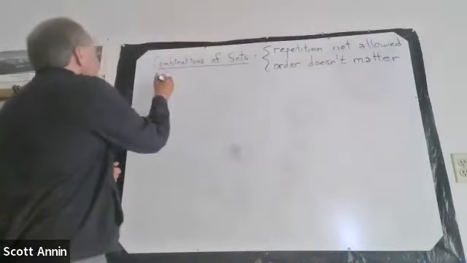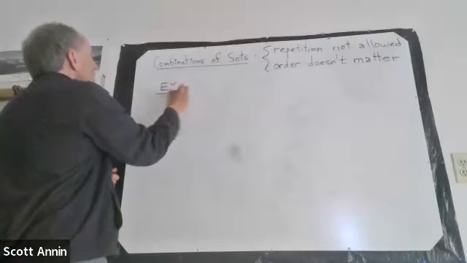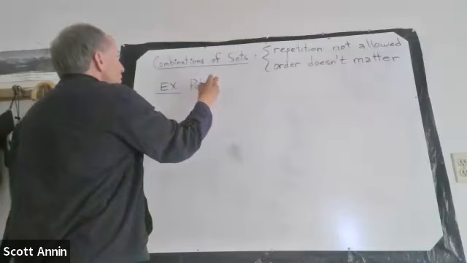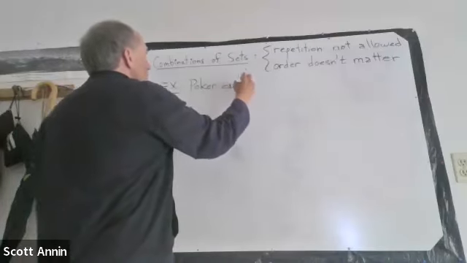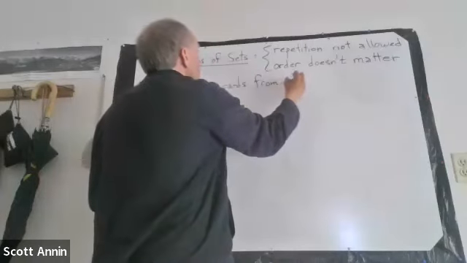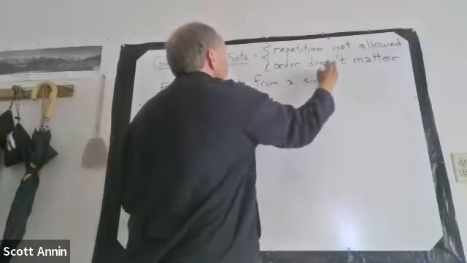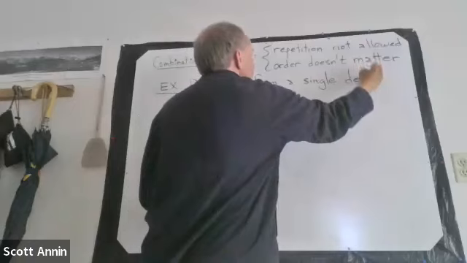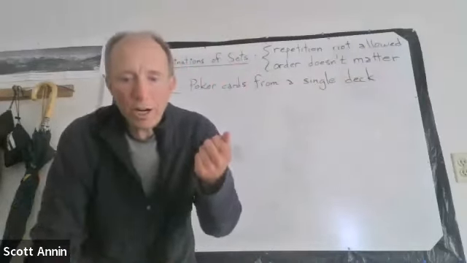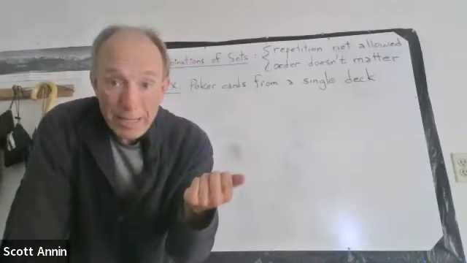So a typical example of something like this would be poker cards. And I'm just going to emphasize here that it would be poker cards from a single deck. The fact that it's only one deck of cards means that you would only see each card one time at the most, right?